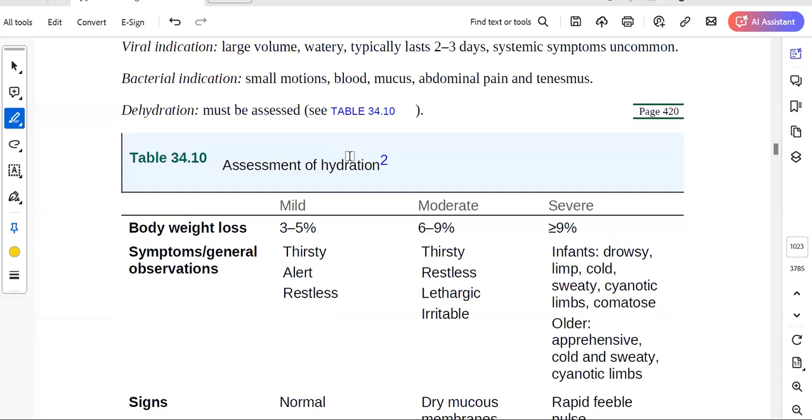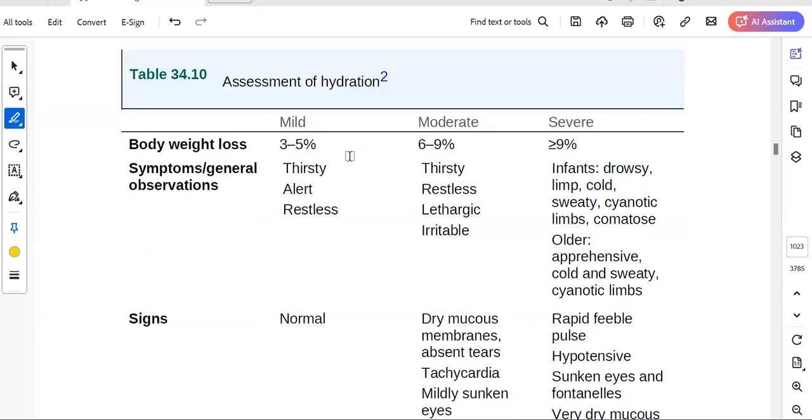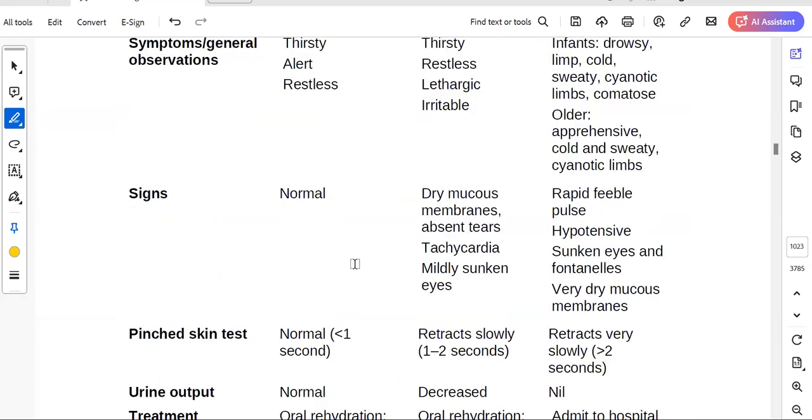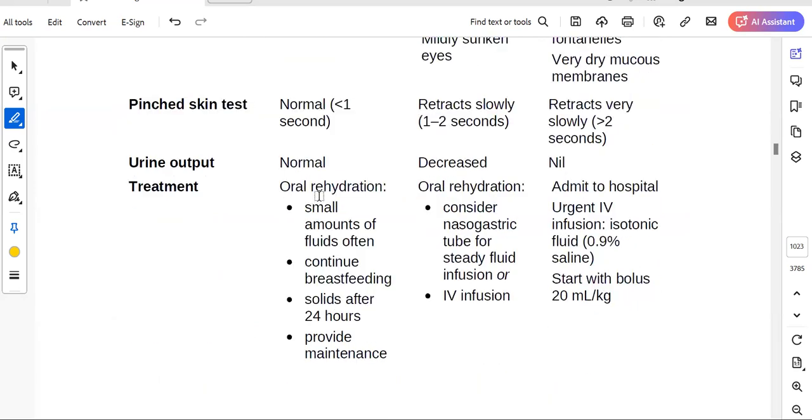If a child is having acute diarrhea, the main thing that you assess is their hydration status: mild, moderate, or severe. If a child is having mild dehydration, all you need to do is ask the parent for oral rehydration. Allow them to give small fluids often, continue breastfeeding, and start solids after 24 hours.